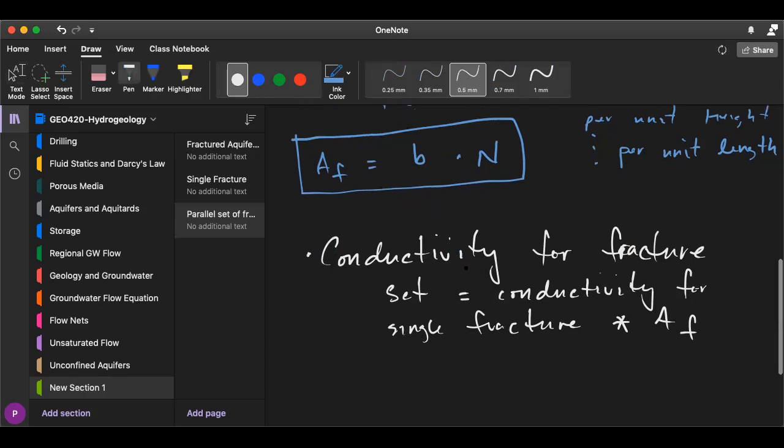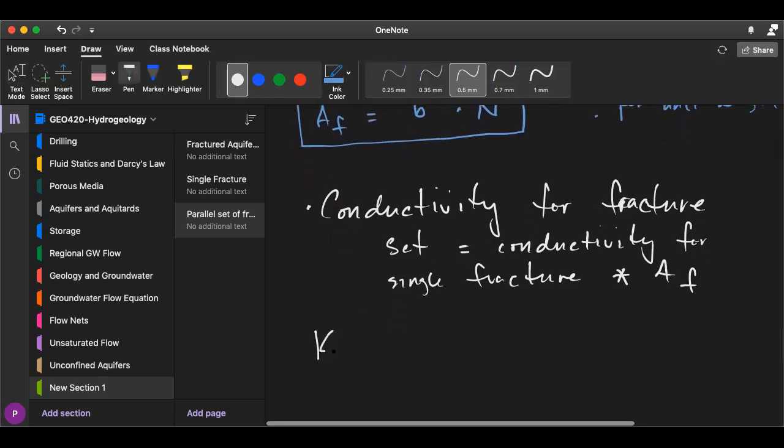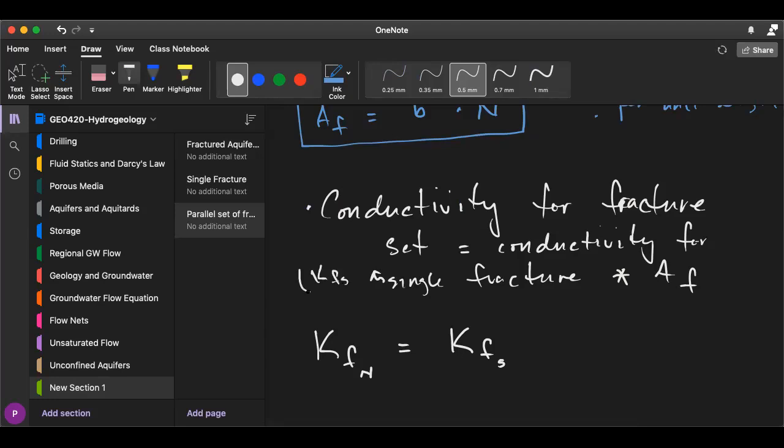So the conductivity of my fracture network is equal to the conductivity of a single fracture, KFS, this is my single fracture, times AF.